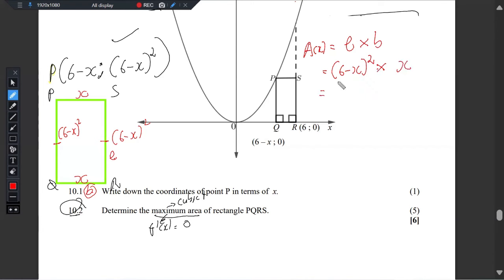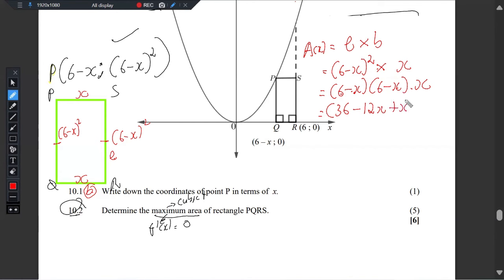And then this means I have to expand this. So 6 minus x and then 6 minus x times x, right? Now I can deal with the brackets, BODMAS. So this will be 36. 6 times negative x is negative 6x, and the negative x times 6 is also negative 6x. When you add them together, negative 12x. Now what is negative x times negative x?